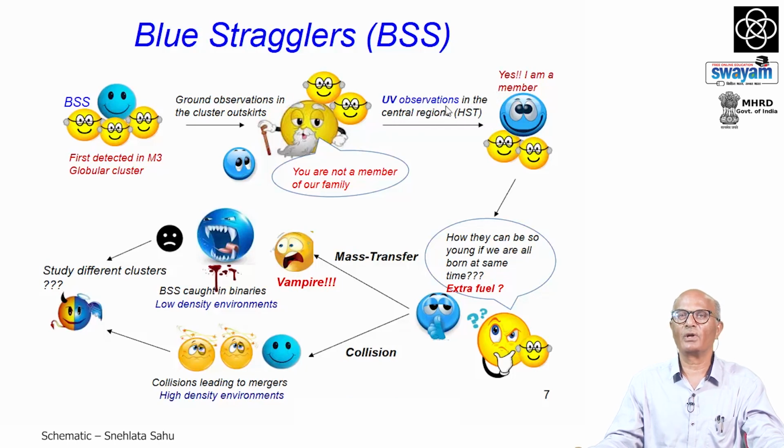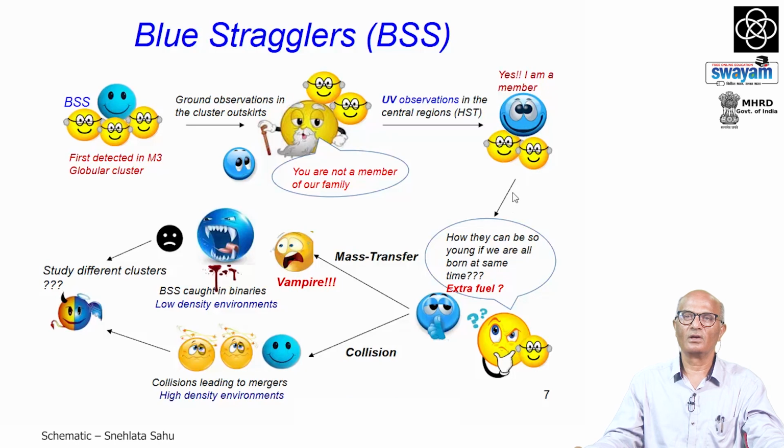Spectroscopic observation of those blue straggler stars also confirmed that they are indeed cluster members. All these things joined together, and all the evidence proved that yes, they are cluster members.